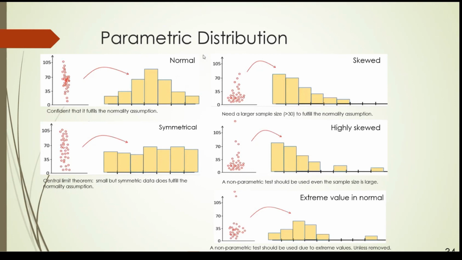Now, we can use a test with distribution if it's normal, symmetrical. If it is skewed, we still can use it, but we need to collect more data before we can do the testing. If it's highly skewed, or there are a lot of empty holes here and there, then we must use non-parametric tests.